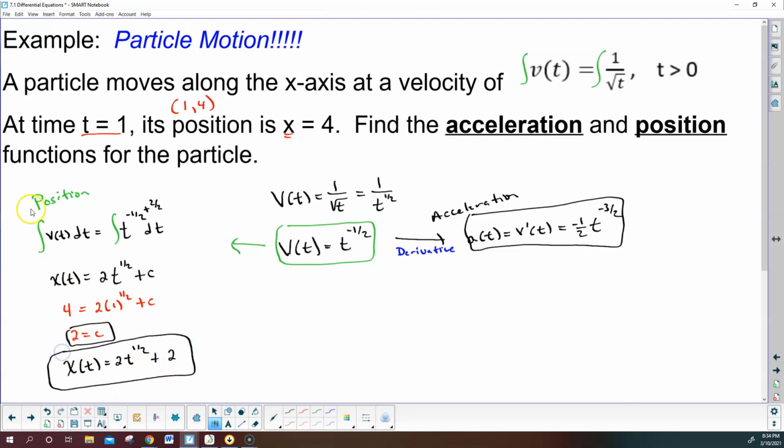Now I have my position function. And how did I do that? I took the integral. Right? So I know position, velocity was given, and I know acceleration. So you can go either way if you know an initial condition for position.